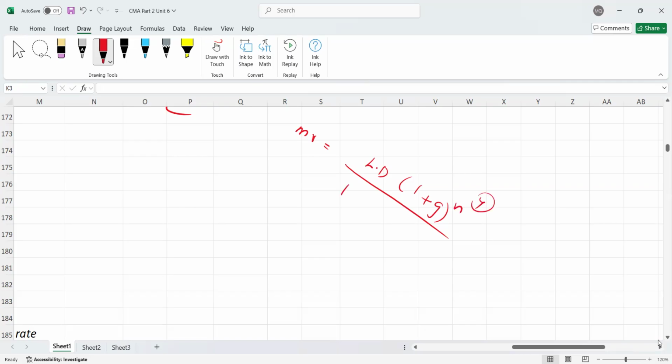Then divided by investors' required rate of return minus growth. This is the formula. Only this n you add here, because previously we were assuming that dividend grows from today to infinity, but now I want to know the market value in 4 years' time. So I will add growth for 4 years first.